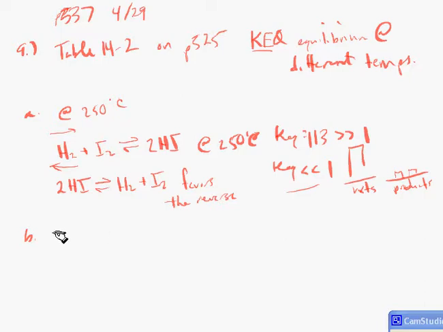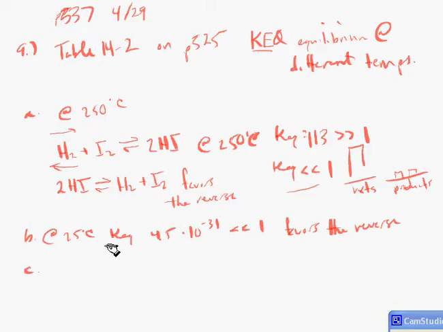Okay, if you look in the table at 25 degrees C, the KEQ for that process is 4.5 times 10 to the minus 31, which is much less than 1, which means this reaction favors the reverse process.